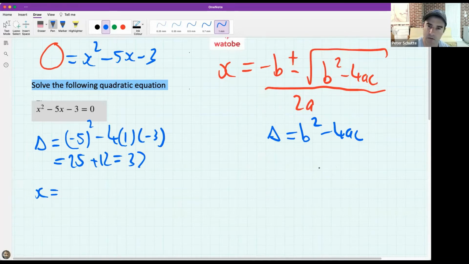So I got a delta value of 37, but that still doesn't give me my answers. What are my final answers going to be? You still need to do some work. So remember, in the quadratic formula, you have both a positive and negative root. And was it 2 times?